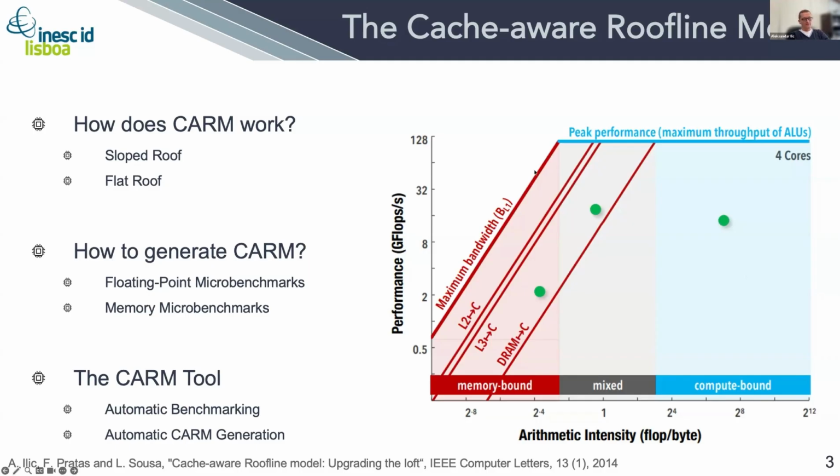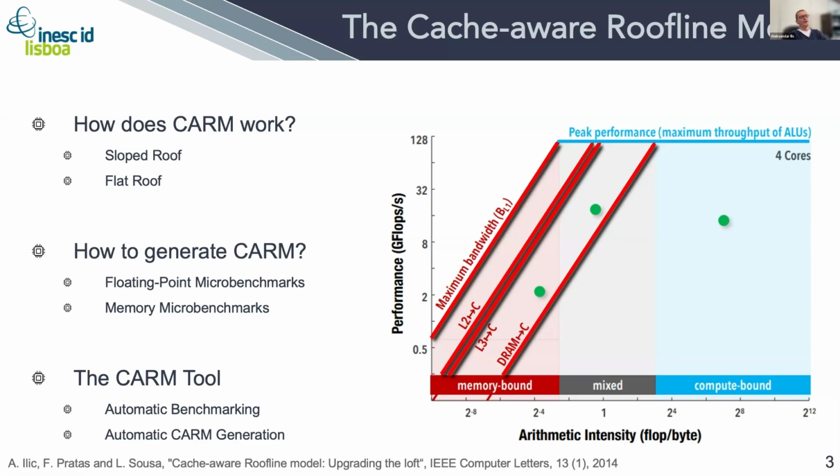When you look at the model, it is actually a model of the architecture and not the application. The model itself has several sloped, diagonal lines in the cache-aware roofline model, which depict the maximum performance you can get from your architecture as you traverse different hierarchy levels. Obviously, if your data is all in DRAM and you're deeply memory bound, then this line depicts the maximum performance you can get.